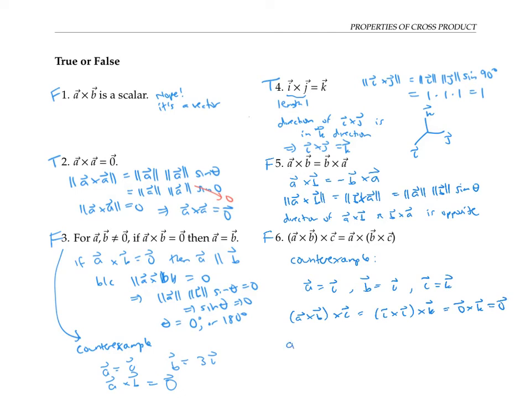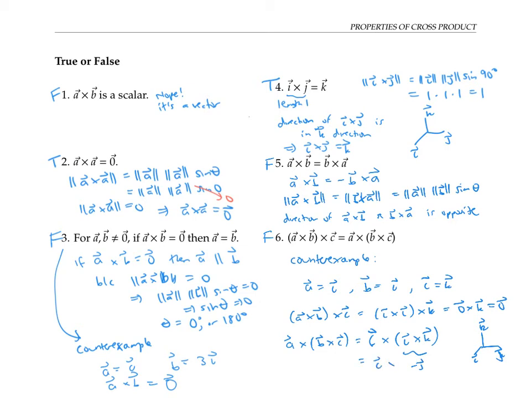On the other hand, if we do A cross quantity B cross C, that's going to be i cross quantity i cross k. If we think about the fact that i cross k is a unit vector and use the right-hand rule to find its direction, we see that i cross k is going to be negative j.